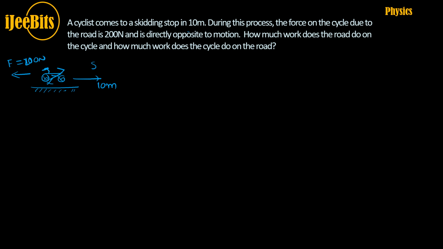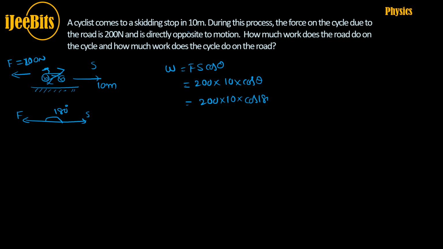So we know the fundamental formula W equal to Fs cos theta. How much is F here? 200, and displacement is 10. What about cos theta? Theta is 180 degrees, because force and displacement are in opposite directions. So 200 into 10 into cos 180.